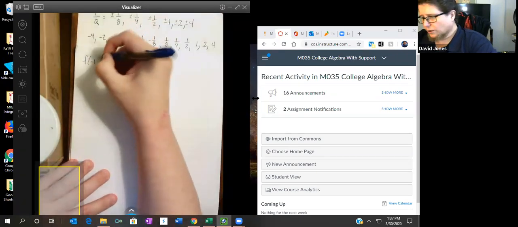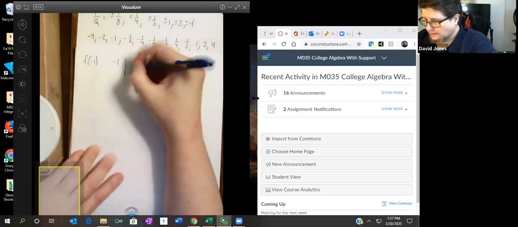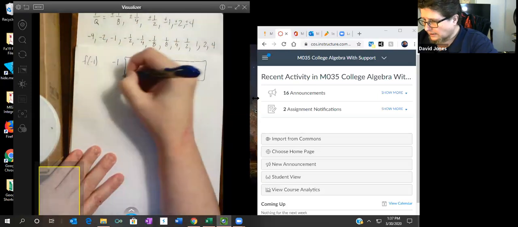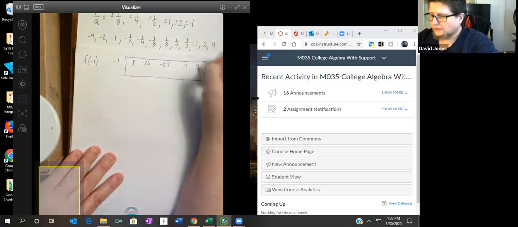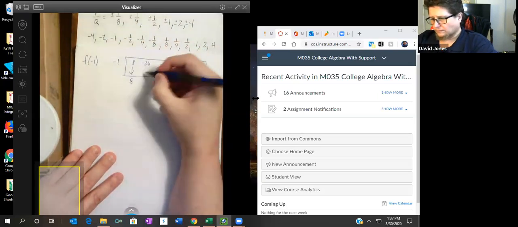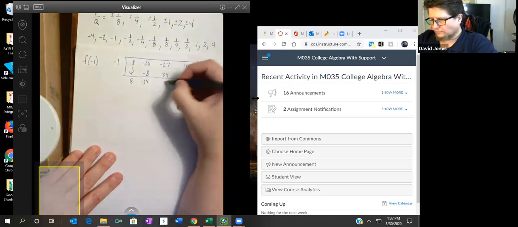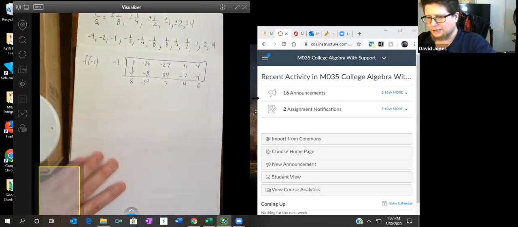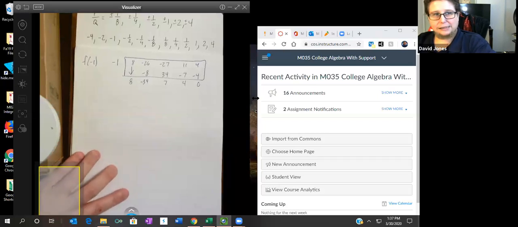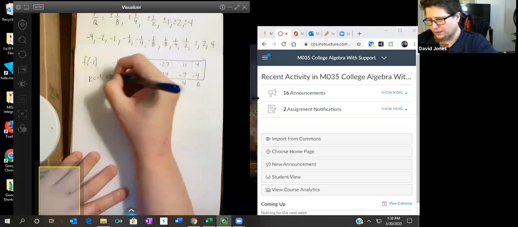Does f of negative 1 work? Yes, I think we did that one already. I think we said start with negative 1 and show that it works. So k equals negative 1 is a root.